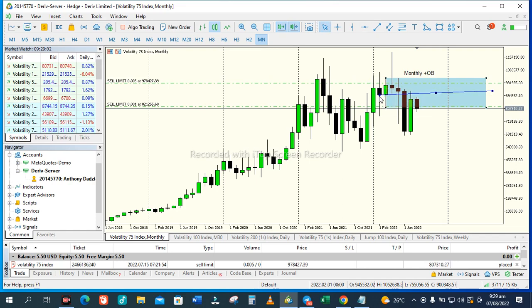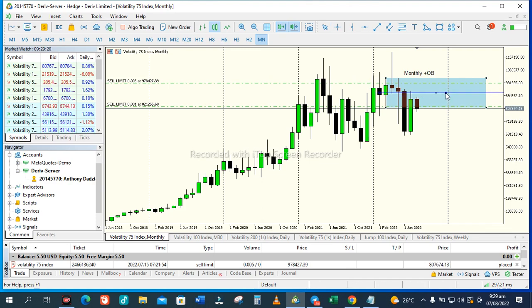Okay, let me try and get this right. Okay, so we could see that month price actually traded back into the monthly OB, and we've seen some sort of rejection. Here I'm not using only the body, but I'm using the full wick.